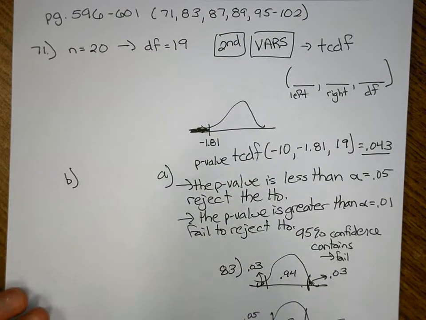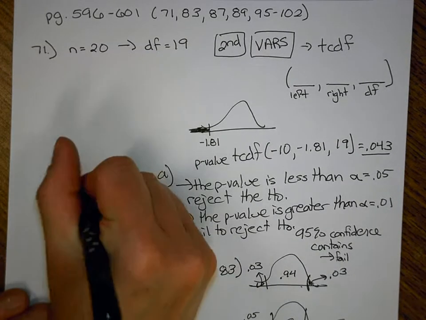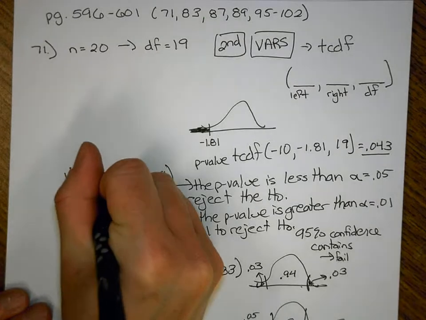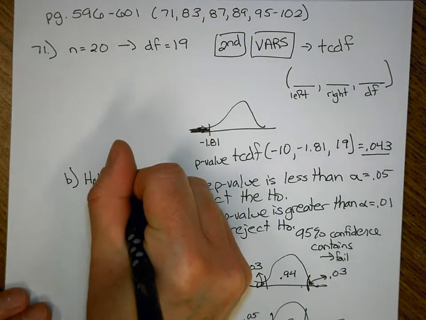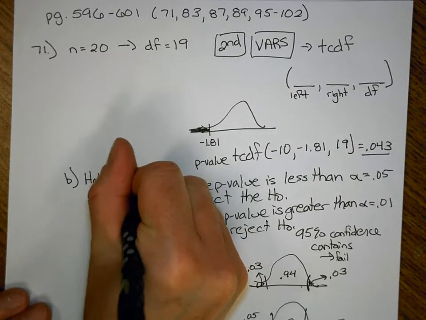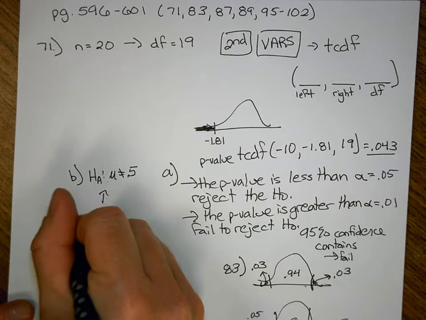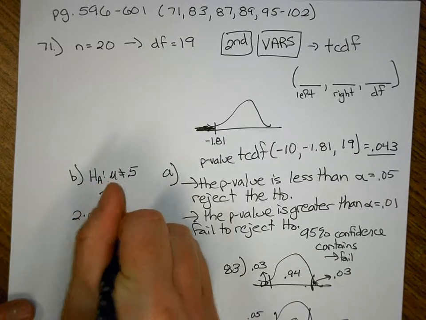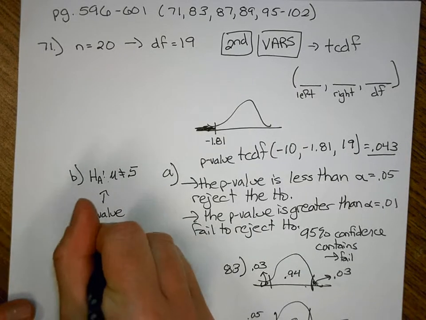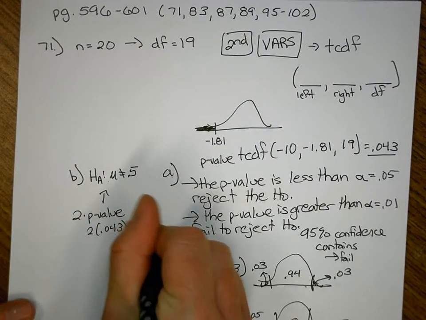Part B wants to know if you changed it to a two-sided alternative. Well, we learned in class today, if you're in 8A section, that looking at the two-sided test just causes you to multiply your p-value by 2. So 2 times 0.043, so your p-value is 0.086.